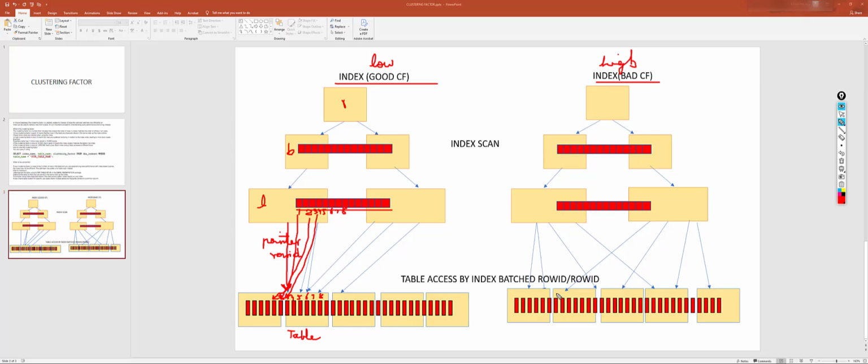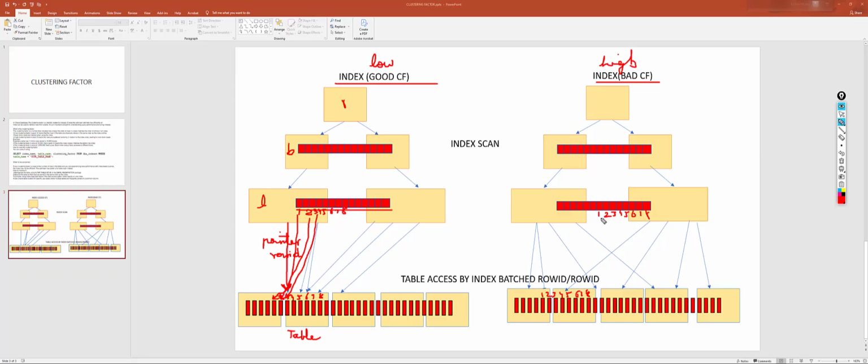What is bad clustering factor? Say for example, the same example I will give you, 1, 2, 3, 4, 5, 6, 7, 8. So here in the index the entries are not in a proper way. So say for example, 1 is here, 2 is here, 3 is here, 4 is here, 5 is here, 6 is here, 7 is here.